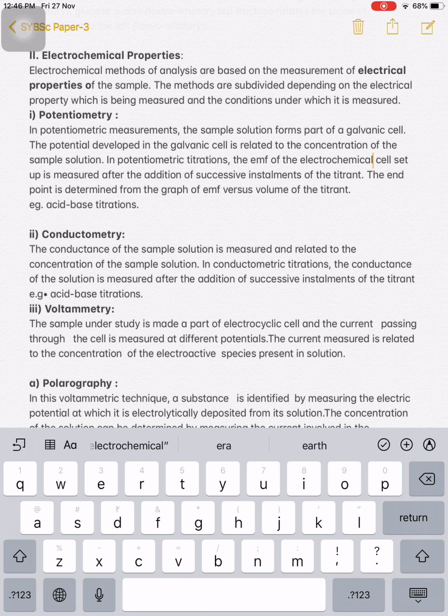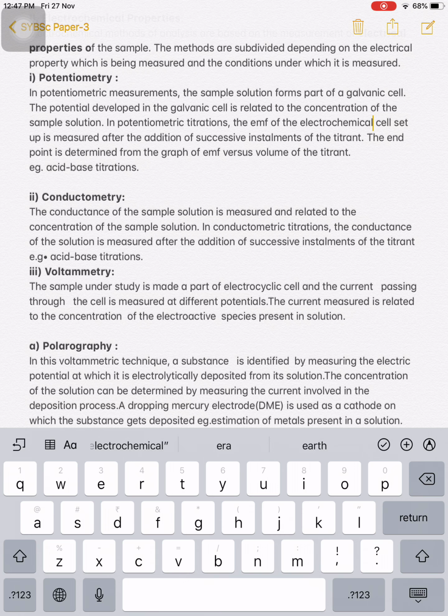We successively add titrant from the burette into the conical flask at different time intervals, and how much the potential changes is noted on paper.